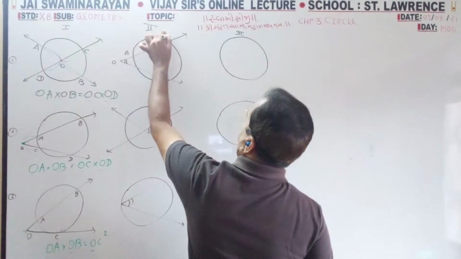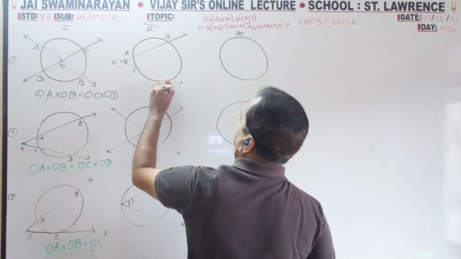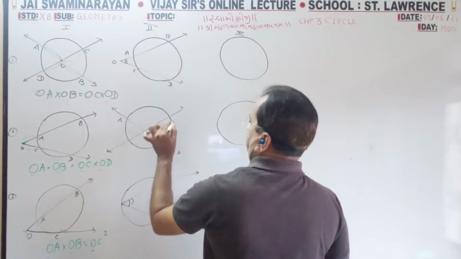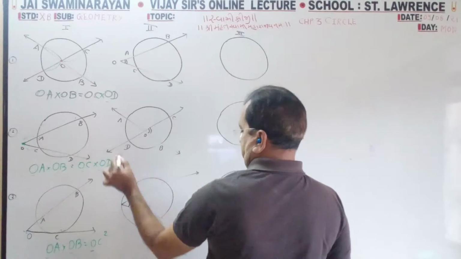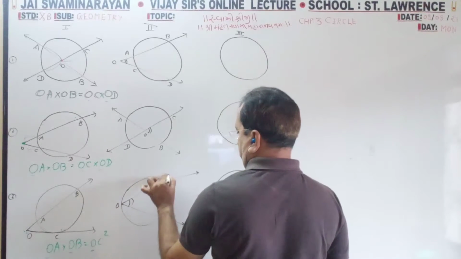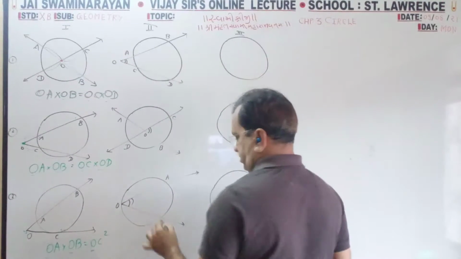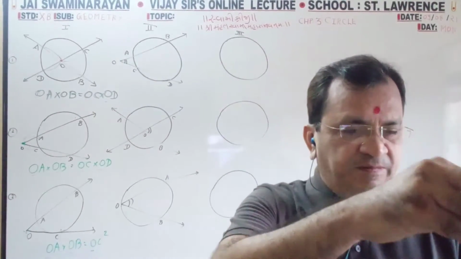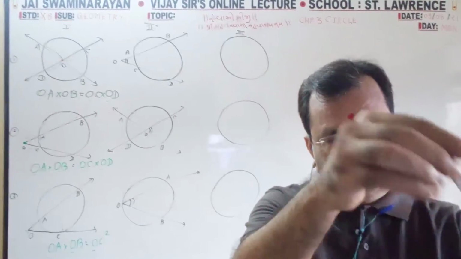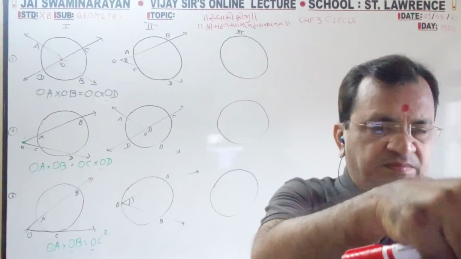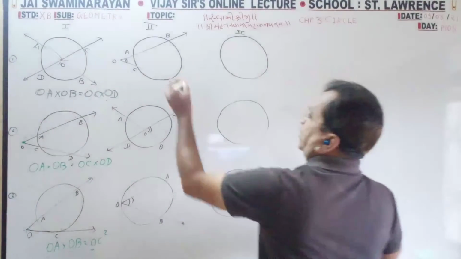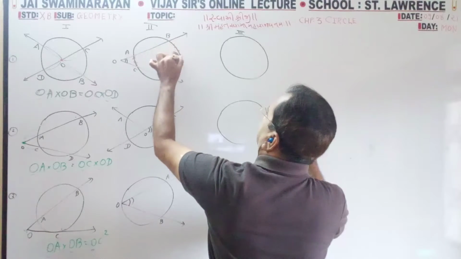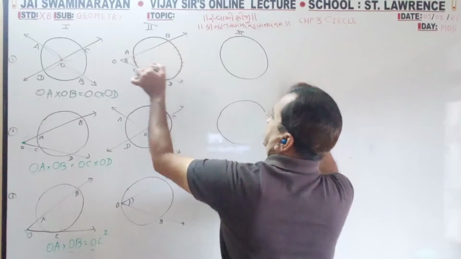So again O, A, B, C, D, OA, OB. By this angle, two arcs are formed, inscribed this and this.